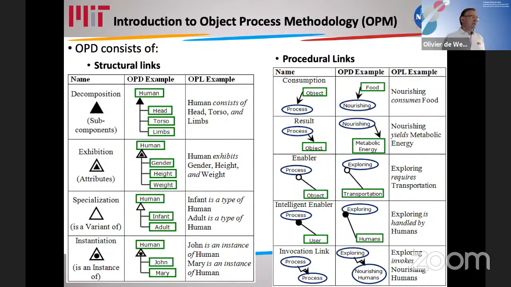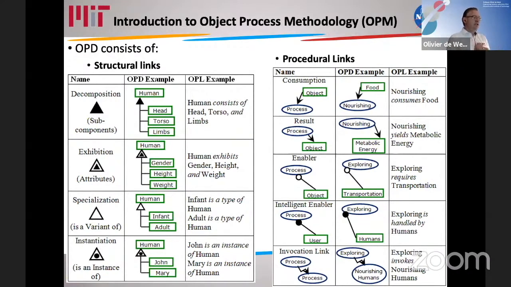So structural links are decomposition. So a human can be decomposed into a head, a torso, and limbs. Exhibition links, which are attribute links, essentially. So a human can be described by their gender, their height, their weight. Specialization, which is a variant of, so a human can be specialized, can be an infant or an adult.